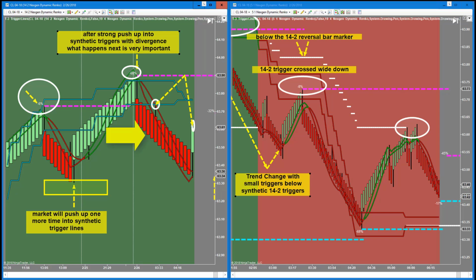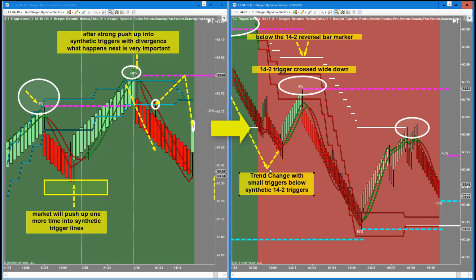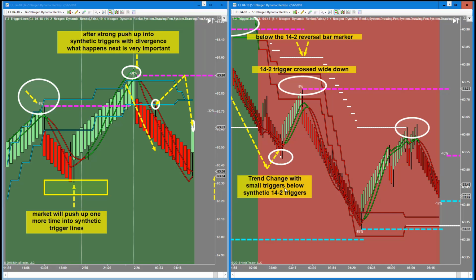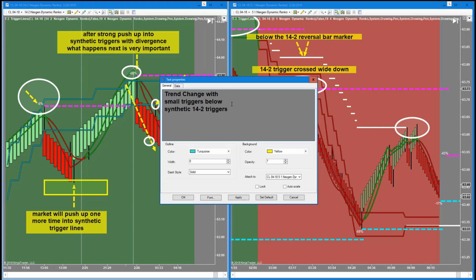However, you'll see that with the strong push to the downside here, this is what causes the trend to change on our smaller chart. Not only does the trend change on our smaller chart, but you can see we've also introduced a concept of no divergence on our smaller time frame chart. So I'm going to add one more little piece to this right here.